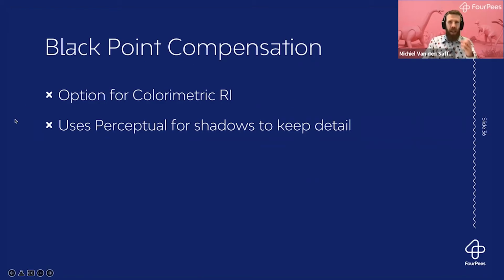So black point compensation can help us with preventing the weakness of the colorimetric rendering intent by adding the strength of the perceptual rendering intent. So typically, you can try leaving it on. It will make your conversion slightly less accurate.